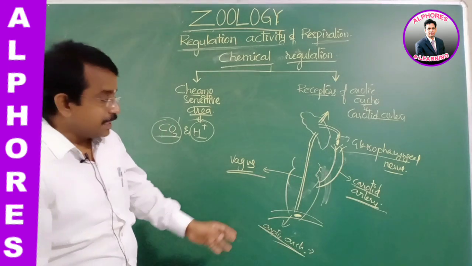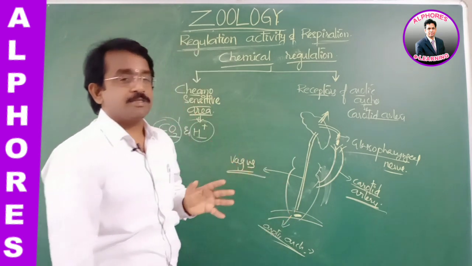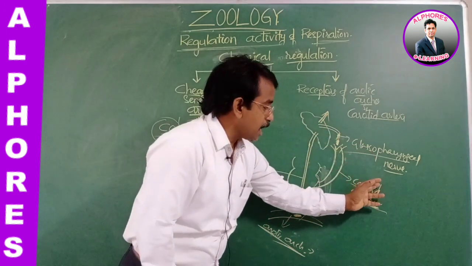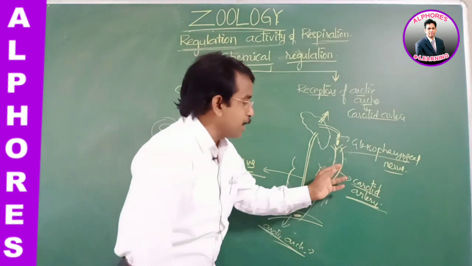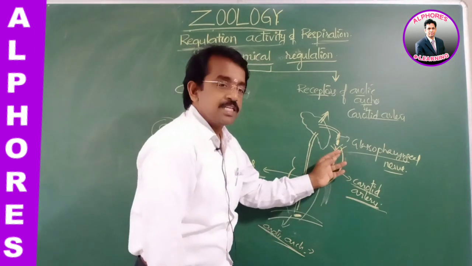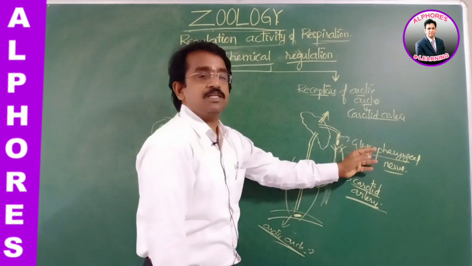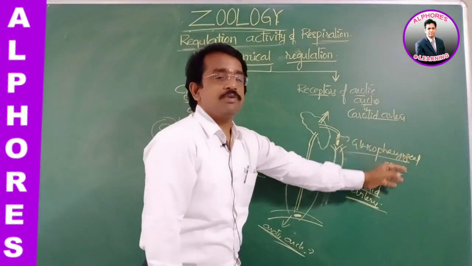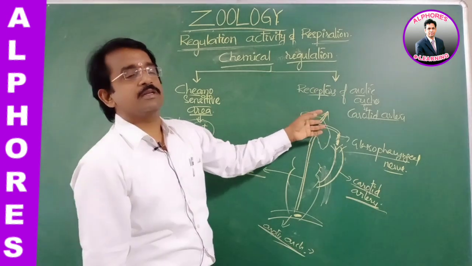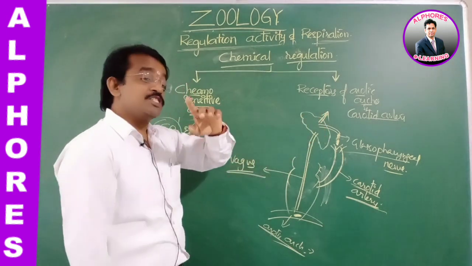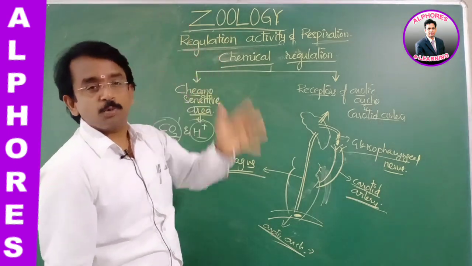So the presence of CO2 and H+ is detected by receptors present in the carotid artery and aortic arch. The carotid artery with the receptor detects the CO2 and H+ and gives the stimulus to the glossopharyngeal nerve. The glossopharyngeal nerve takes it into the medulla oblongata nearer to the respiratory rhythmic center, which gives the signal to the diaphragm and the phrenic muscle to send out the CO2 outside.